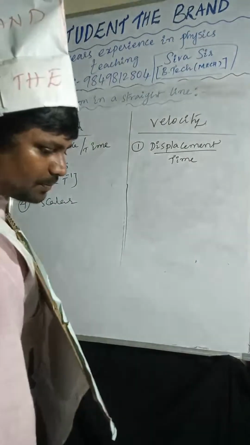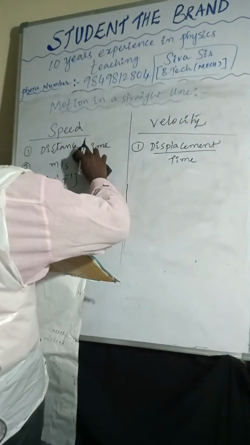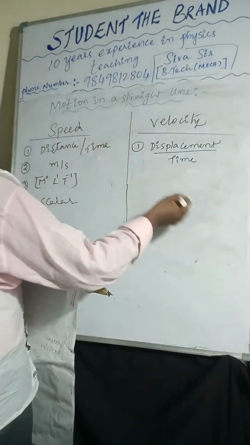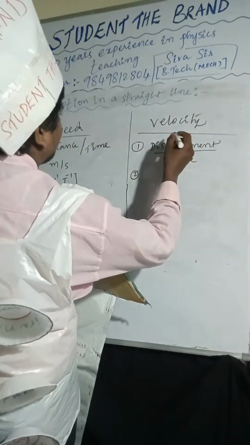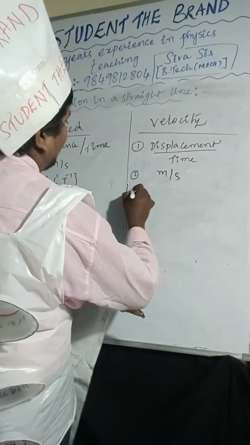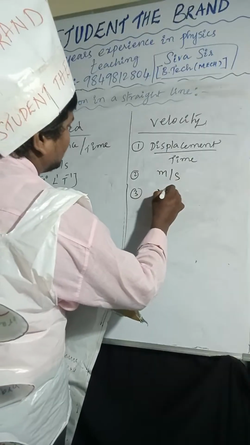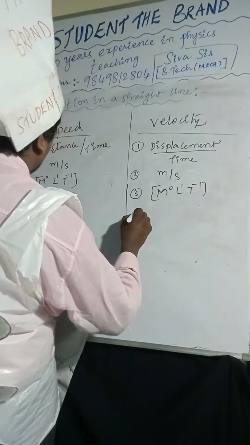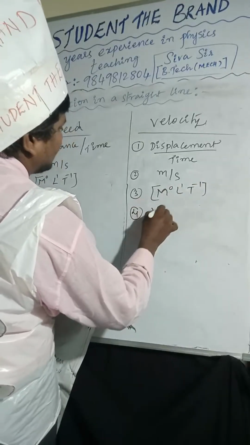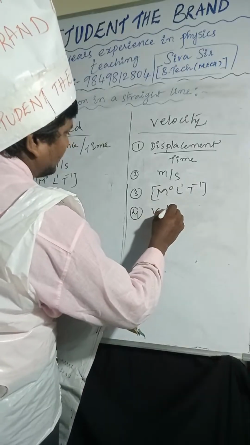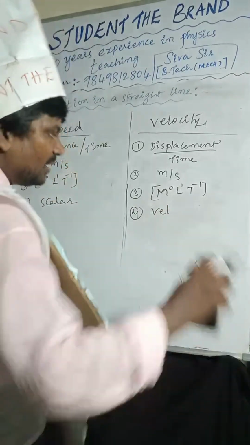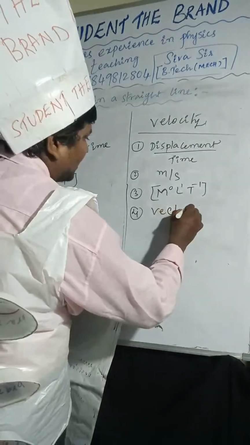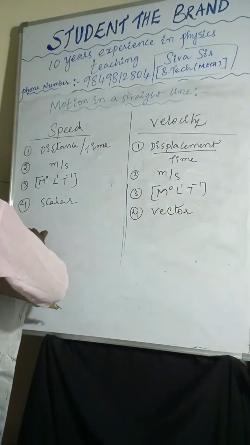The SI unit of velocity is meter per second. The third point, the dimension formula, is M power 0, L power 1, T power minus 1. And the fourth one, velocity is a vector quantity.